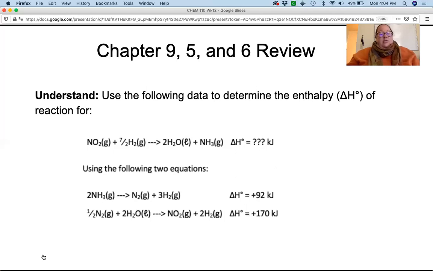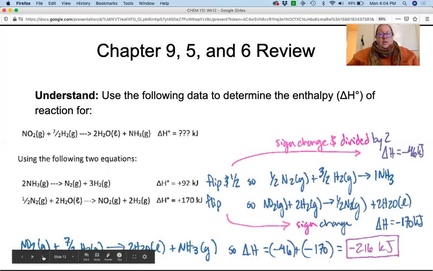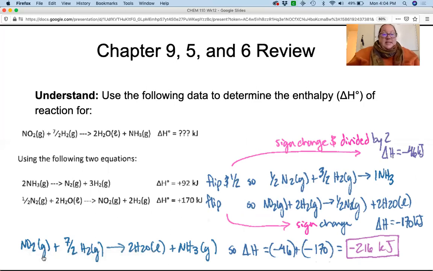So think about how you could combine or rearrange those equations in order to get to the desired equation, which is the first equation that we looked at. NO2 plus 7 halves H2 goes to 2 H2O plus NH3. So if we think about that, then we're going to flip our first equation, because in this case, the ammonia needs to be on the right-hand side of the equation.